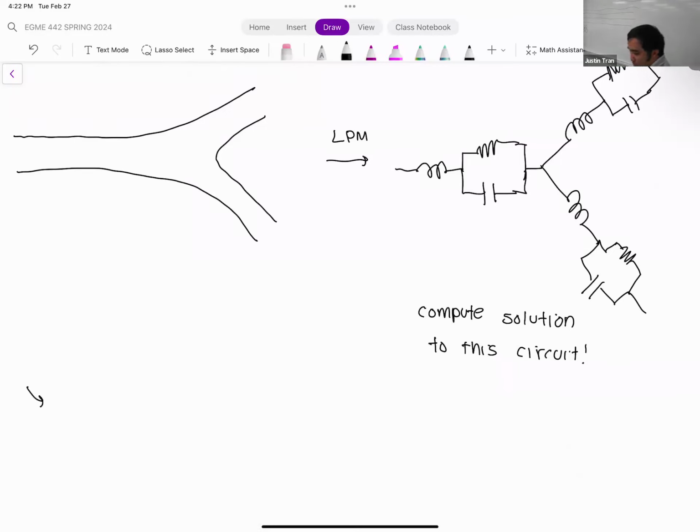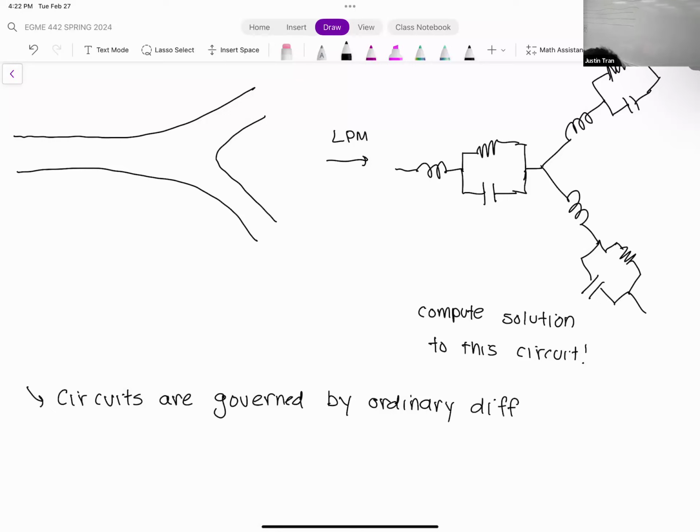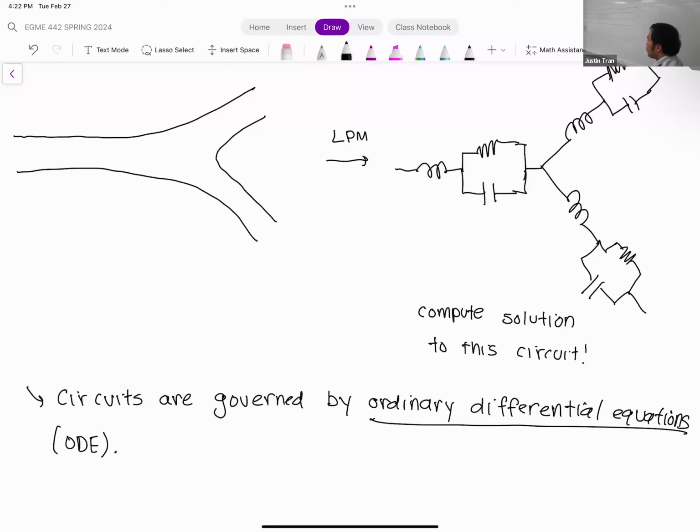The reason we use circuits is that circuits are relatively easy to solve because you can model the behavior in a circuit using ordinary differential equations. Okay. Or for short, we call them ODEs.